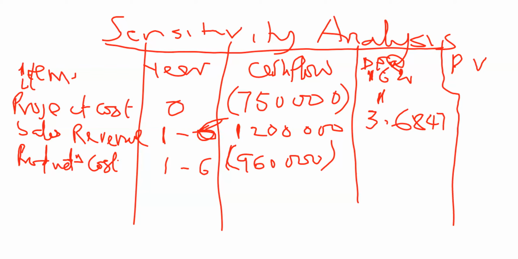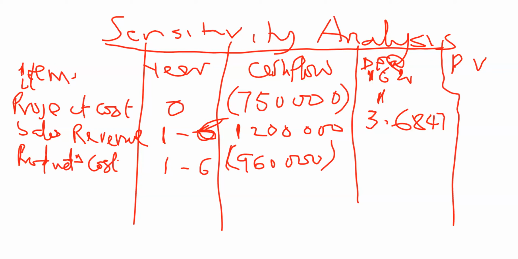Come again, sir. You know, our normal formula is 1 over 1 plus r raised to the power n, right? Yes. Which one are we calculating now? Is it the discount factor? We know we have gotten 3.6847, right? Yes, using that present value, ordinary annuity.